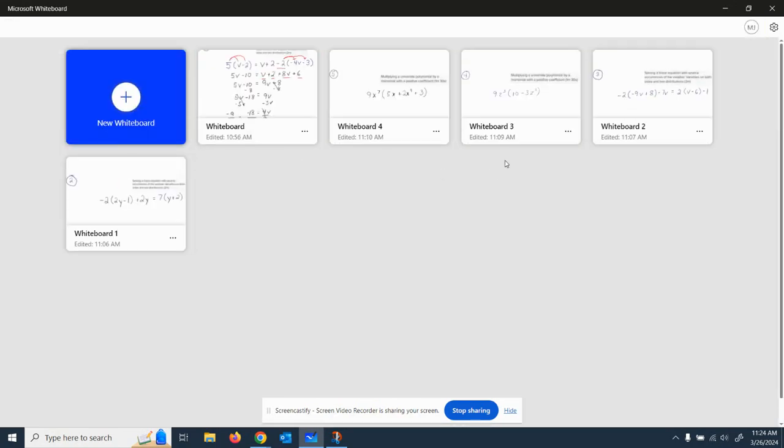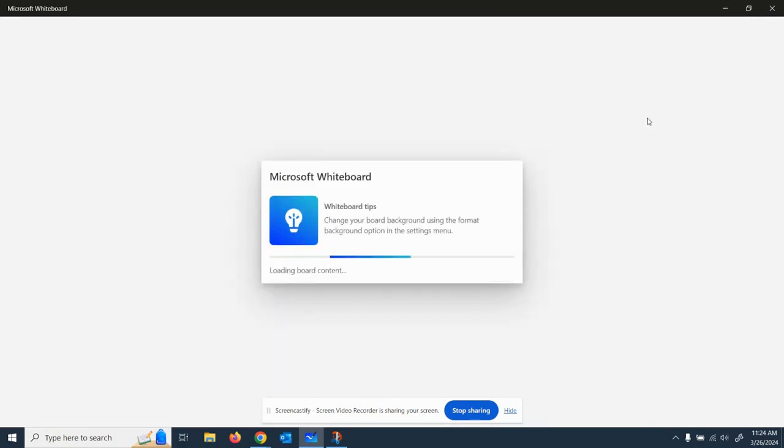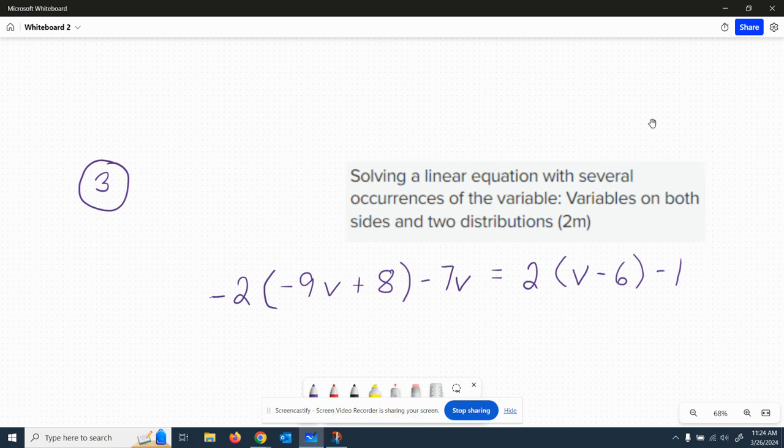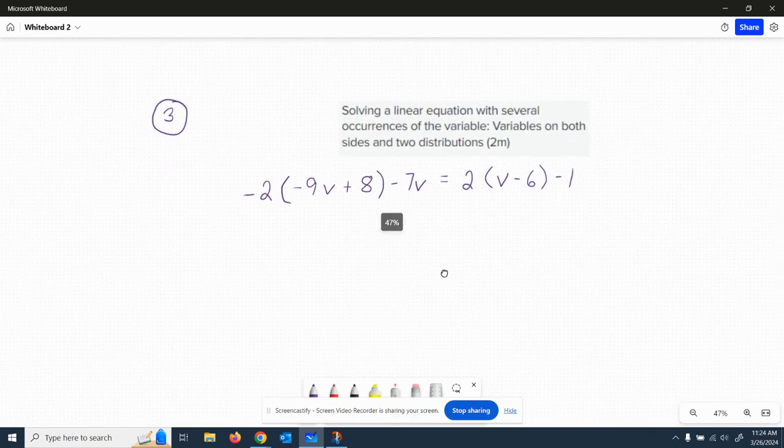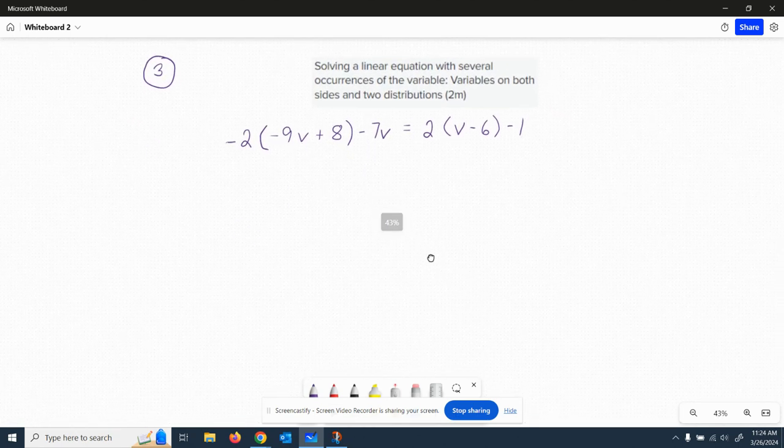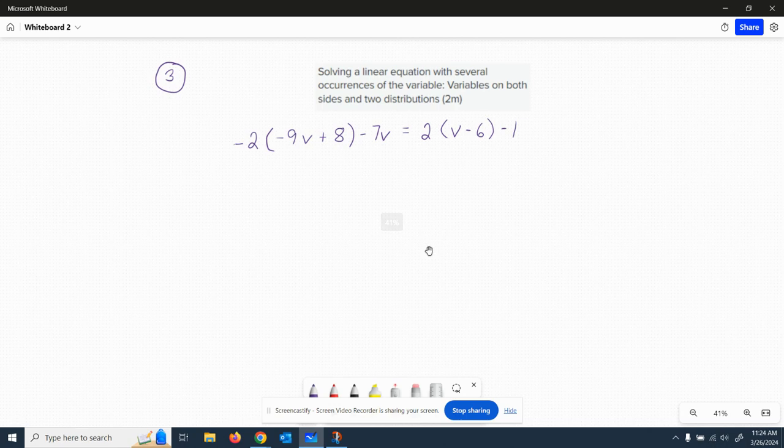All right. Our second problem that we're going to do. Just like the first one, it's kind of long. It's got the distribution in it. It's got variables in different places. The distribution is where most people go wrong.